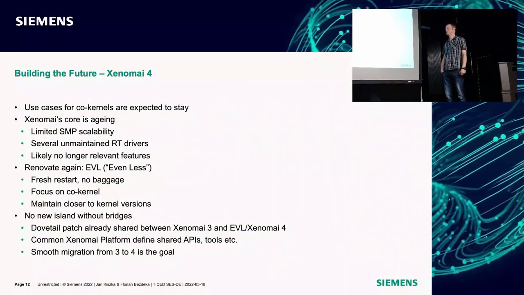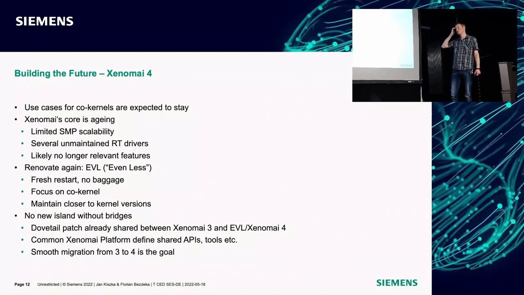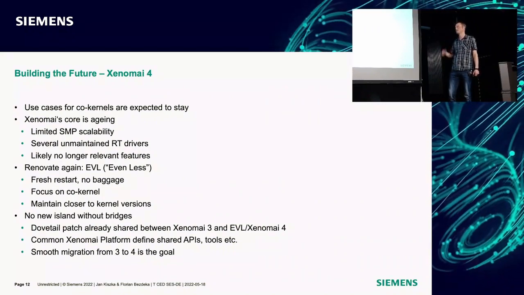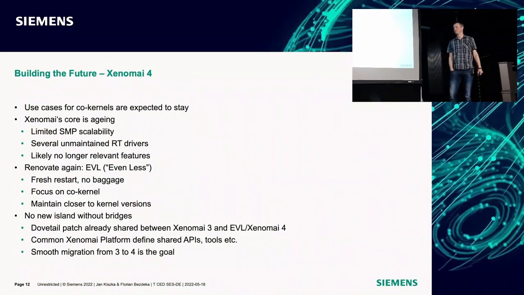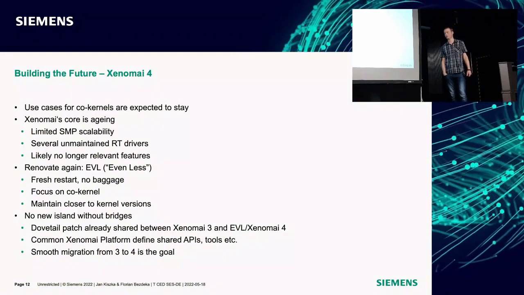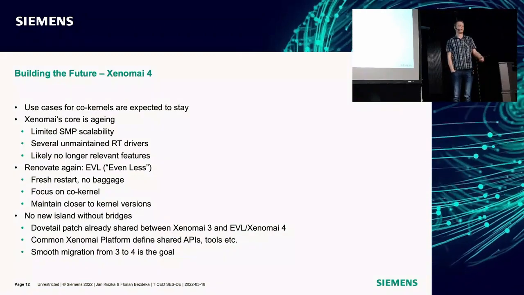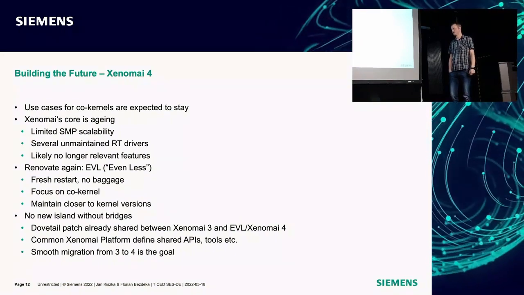We are more or less prepared for that, so we make sure that everything works together with EVL right now. We are already based on the same kernel patch, which is called Dovetail, so this is already a common interface that both worlds currently already use. But of course, we have to continue testing and providing the migration path.